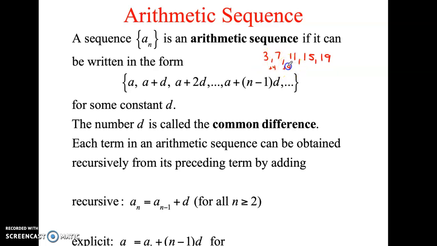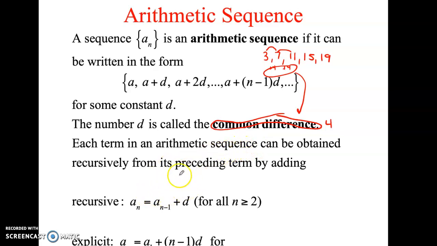The number that you are adding is called the common difference. That's an important vocab word to know, because one of the homework questions will ask you to find the common difference. Difference means subtraction, so you find it by doing 7 minus 3, 11 minus 7. In this case, it would be 4.